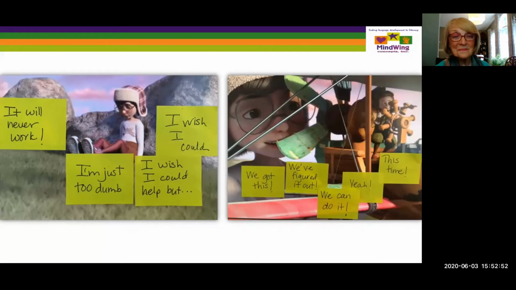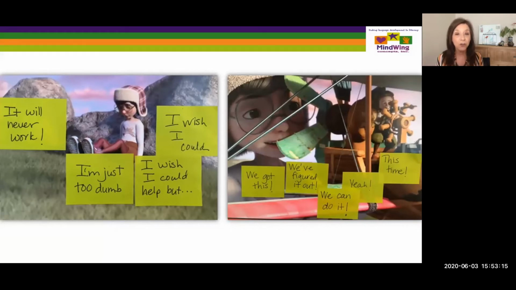This is interesting. This was actually from a group that was working on resilience. And so on the left slide, we had gone through and talked about, what do you think she's thinking right now? Because we've done the feeling, but what do you think she's thinking? And I love these. It will never work. I wish I could. I'm just too dumb, which many of our students say when they see a picture like this.